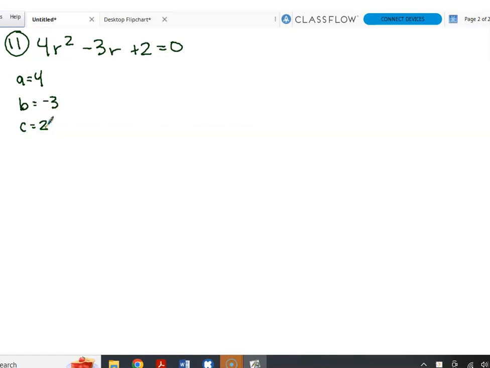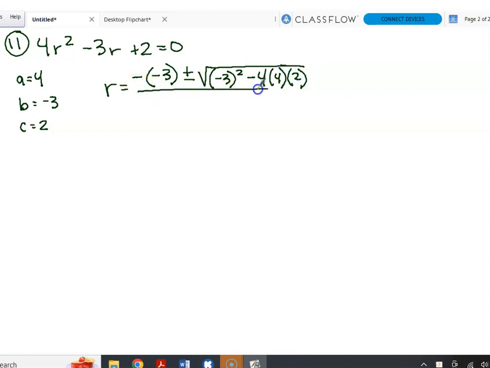So we are ready to plug this into our equation. r equals negative, and negative 3 is our b value, plus or minus the square root of b squared, so negative 3 squared, minus 4 times a, which is 4, times c, which is 2, divided by 2 times a, which is 4.